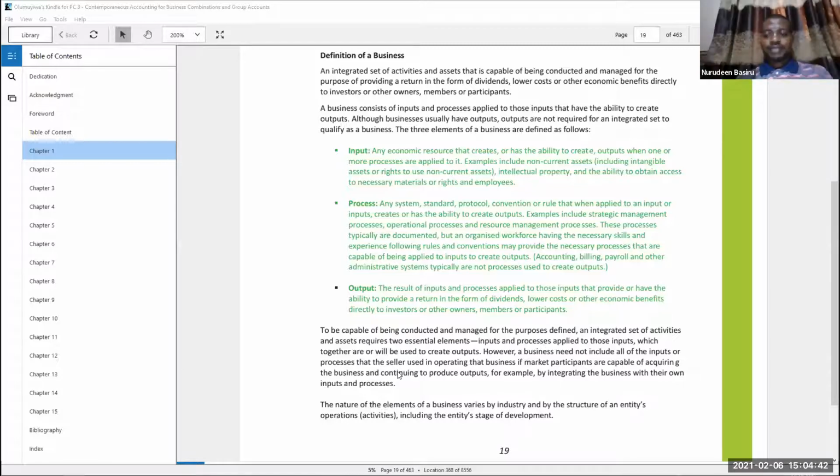Okay. Finponomics, from my own understanding, I can say it's a business. It is a business in the sense that it has inputs, process, and outputs.